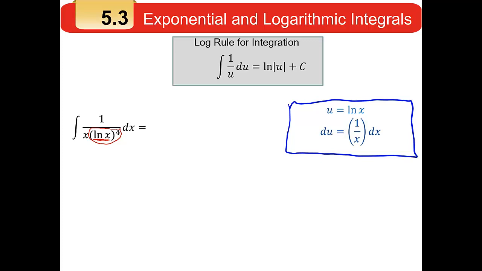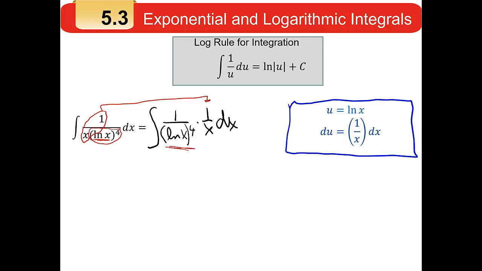So du is 1 over x dx. That actually looks promising because I see a 1 over x over here. So I'm going to rewrite that integrand to look more like what I'm trying to get. I'm going to take that 1 over x and put it next to the differential dx, and that just leaves me a 1 over the natural log of x to the 4th here.